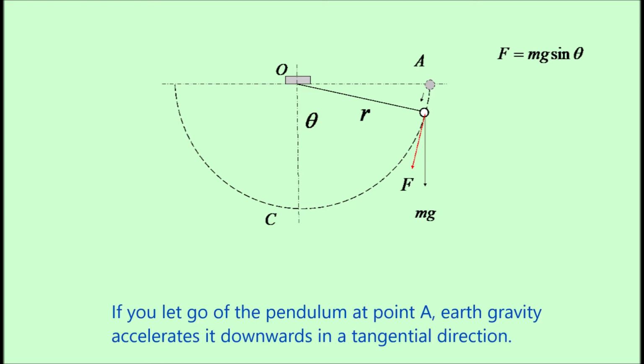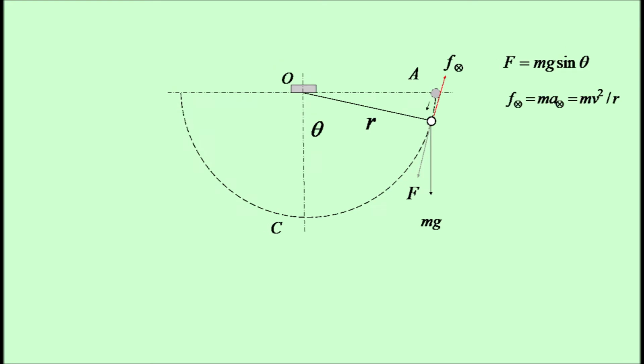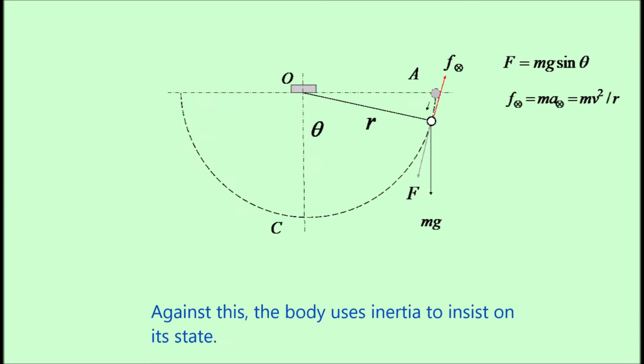If you let go of the pendulum at point A, Earth gravity accelerates it downwards in a tangential direction. Against this, the body uses inertia to insist on its state.